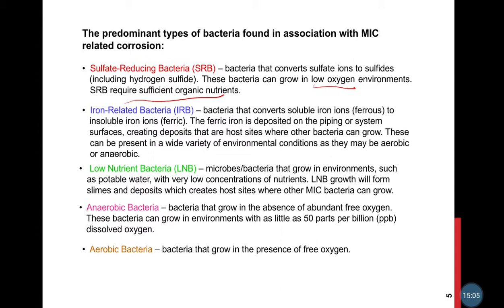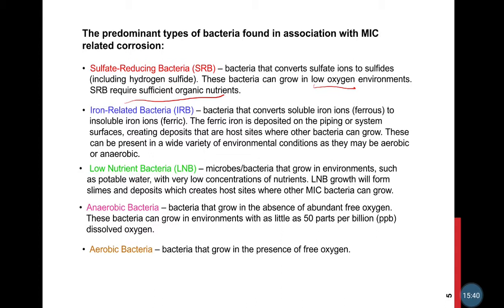So there are 5 types of microorganisms that normally we discuss when we are talking about microbial induced corrosion ataupun MIC lah senang. So you kena identify in which condition that bacteria ni ataupun microorganisma ni boleh wujud dan dia akan contribute kepada MIC corrosion and other related corrosion. Macam saya sebut tadi, okay, pada pipeline dia wujud dekat pipeline, dia buat slime formation.